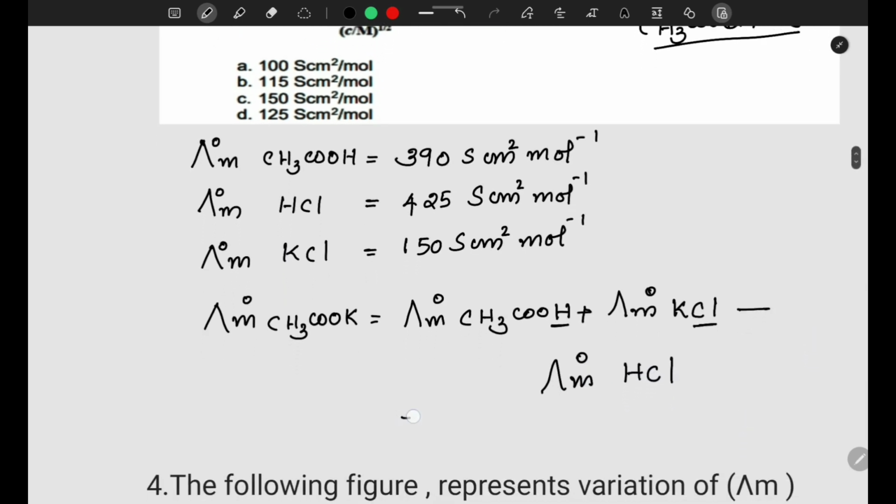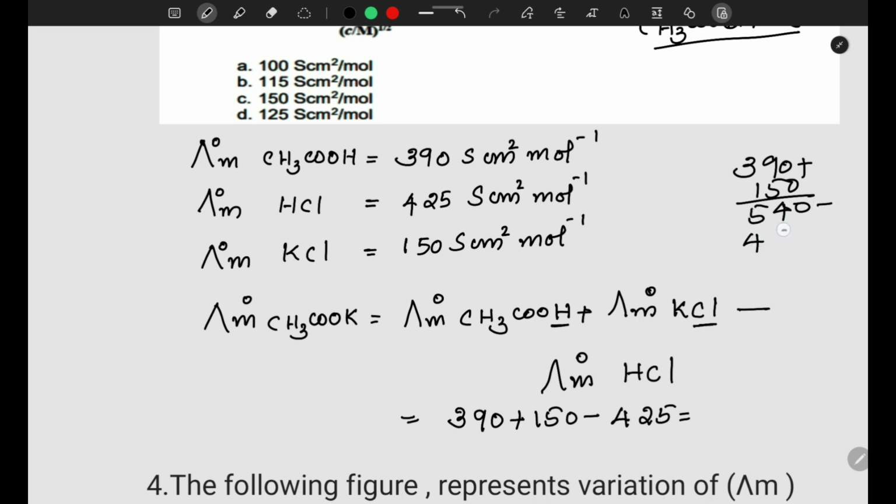So that is equal to 390 plus 150 minus 425. 390 plus 150, 540 minus 425. So that will be equal to 115. So our option is B.